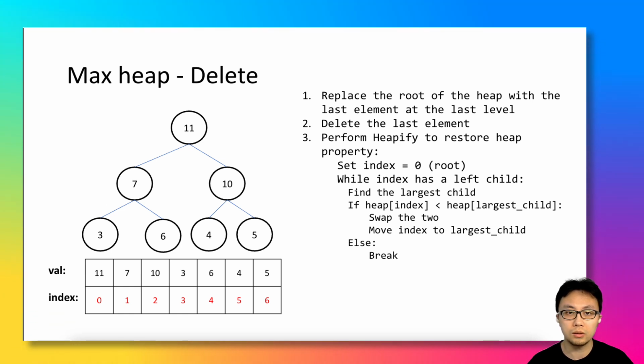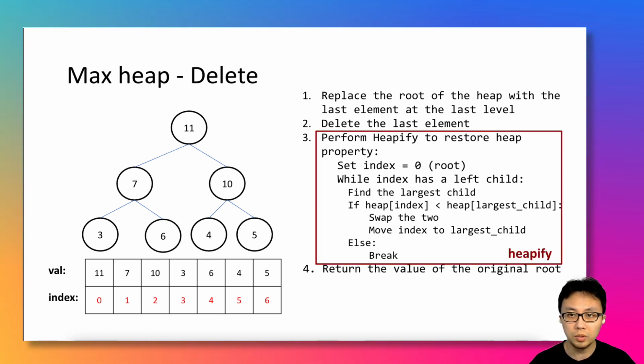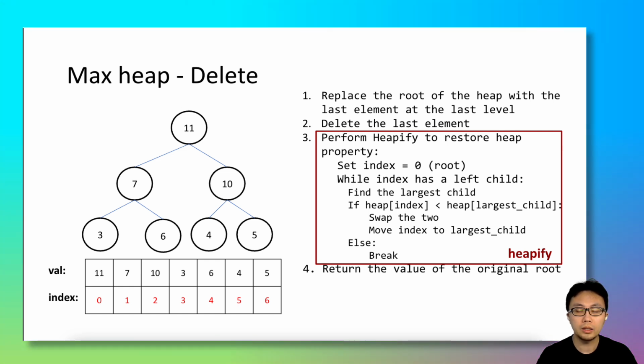You will keep doing this sort of comparison iteratively until the heap property is fully restored. In the end, you will return the value of the original root. Step 3 is the process that we know as heapify. The reason why it's worth mentioning is that it's not only used here in the delete method, it's also used in heap sort as well.